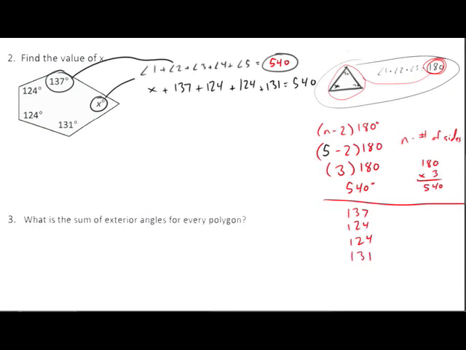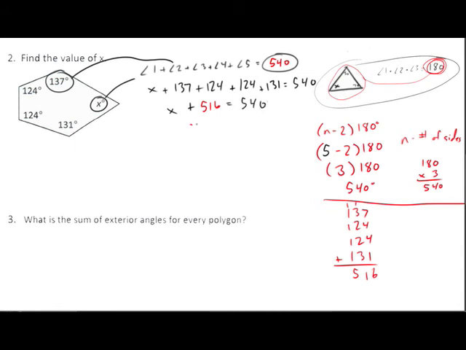If we add these 4 together, this is going to be 5, 9, 16. That's 4, 6, 8, 11, and 1, 2, 3, 4, 5. So 516, after I add all of these numbers together, plus x is equal to 540.